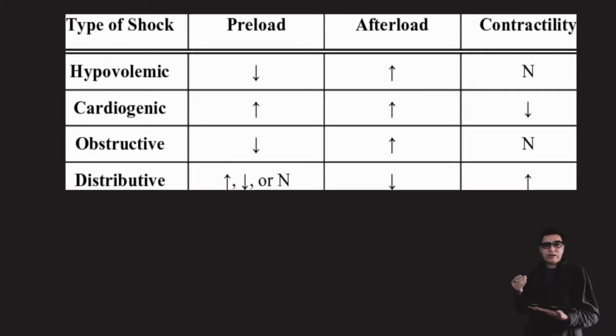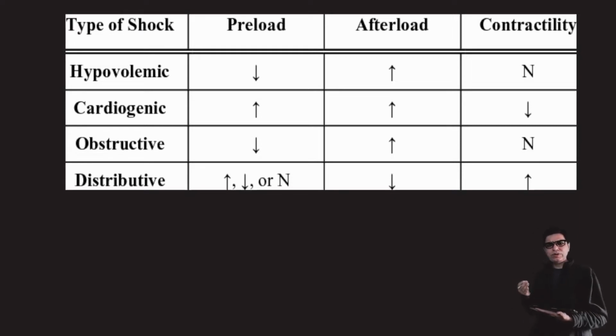Then we knew about cardiogenic shock, in which basically the pump function is affected. So the heart is not pumping effectively because of heart failure or myocardial infarctions, or certain pathologies like cardiomyopathies. In obstructive types of shock, there was some obstruction to the flow of blood from the heart, like in critical aortic stenosis or in coarctation of aorta, where the blood cannot adequately flow down into the blood vessels and then down into the organs.